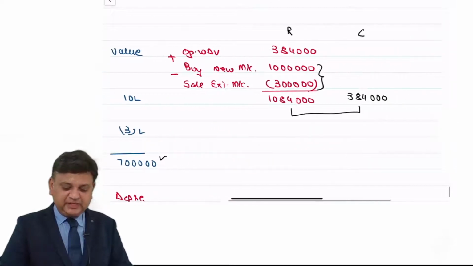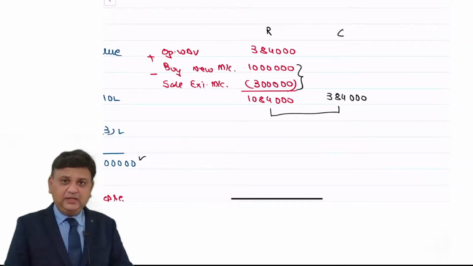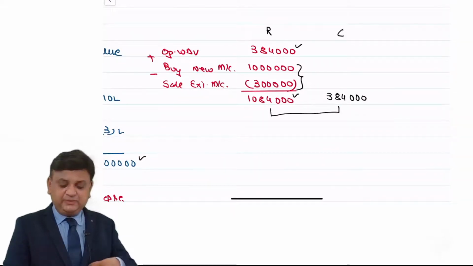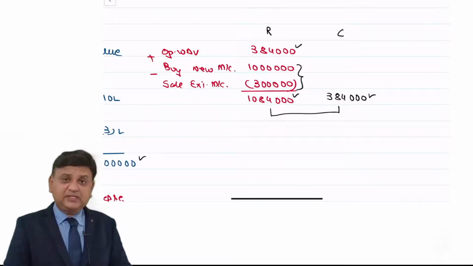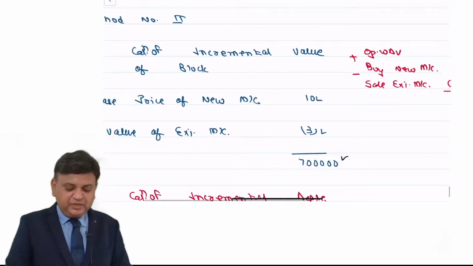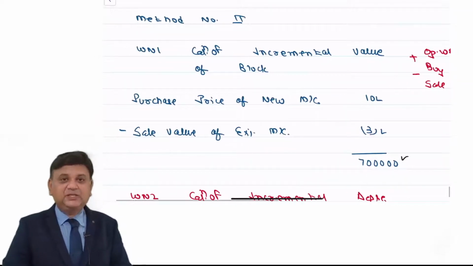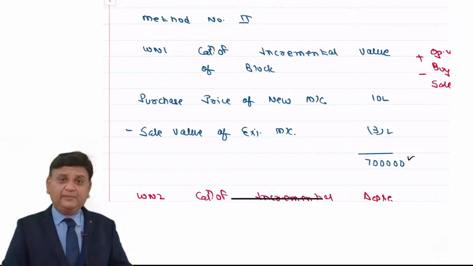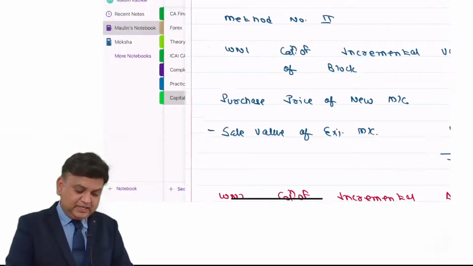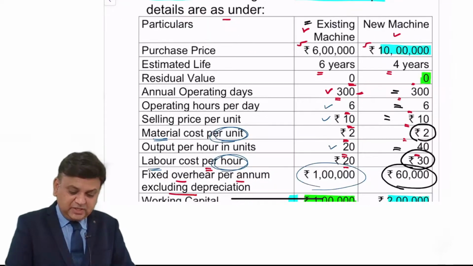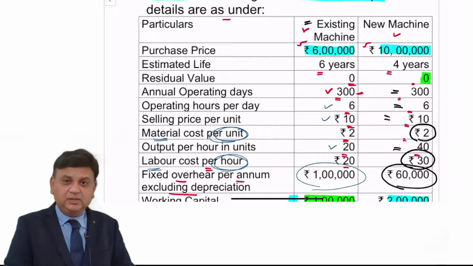So this is the conceptual working: you have to compute this 3,84,000, then compute the new one on which you can claim depreciation, then subtract the existing one. But this is again going to be quite lengthy. So better to just make a comparison like this. One more important point: it may happen that the question is silent about the price at which you had purchased the existing machinery.